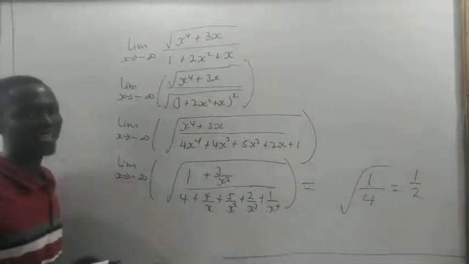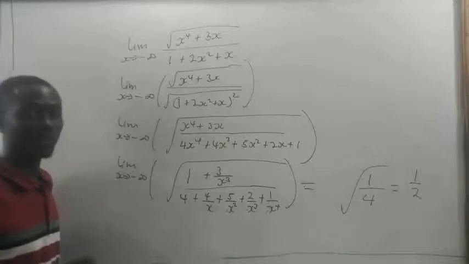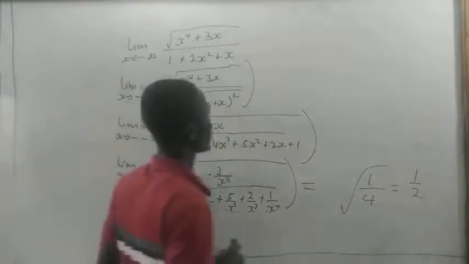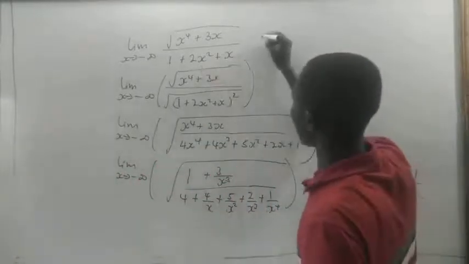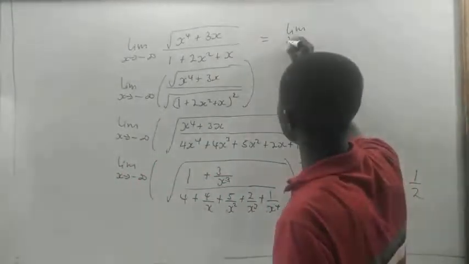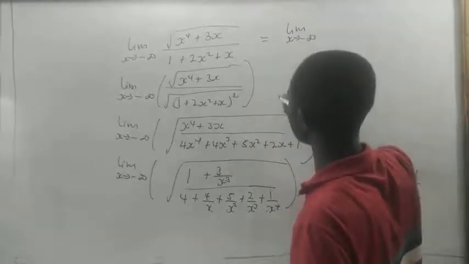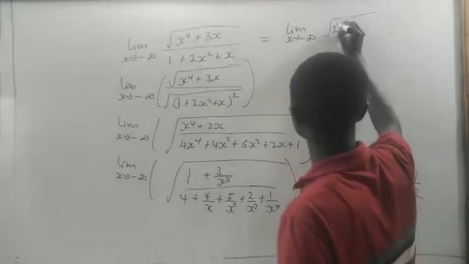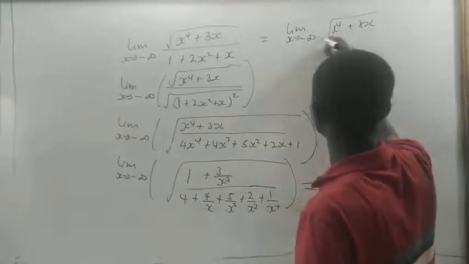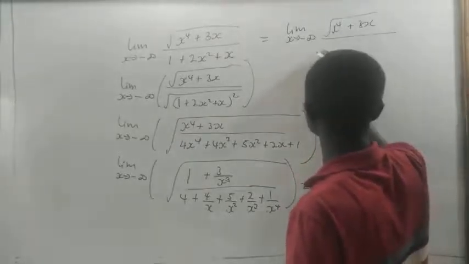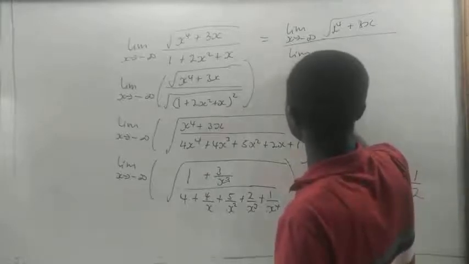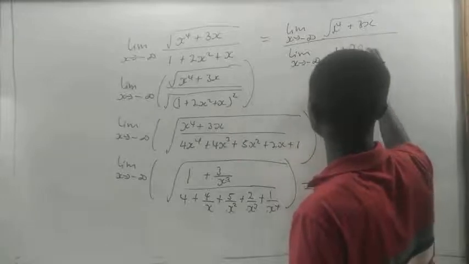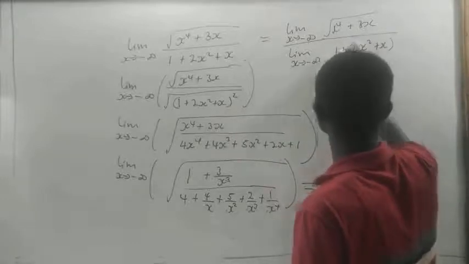Now, let's look at it from the polynomial function approach. You see that this one is the same as taking the limit as x approaches negative infinity, square root of x to the power 4 plus 3x divided by the limit as x approaches negative infinity, 1 plus 2x squared plus x.